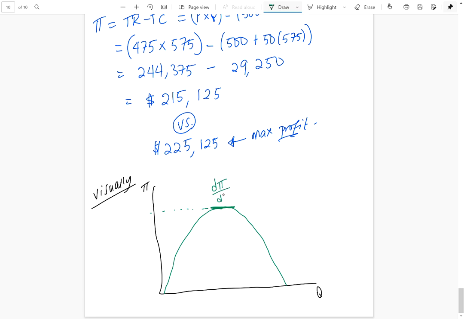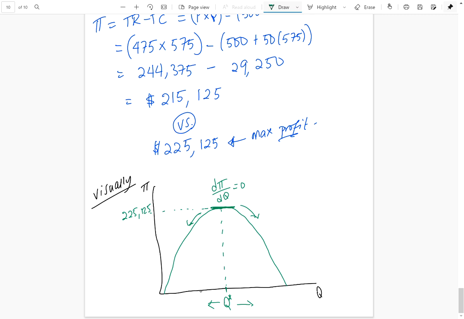What am I trying to say? At this point, right, if we go left from Q star or right from Q star, we will be dropping our profits regardless. And in fact, we saw that this max here was 225,125. We'll come back to this equal to 0 very soon.